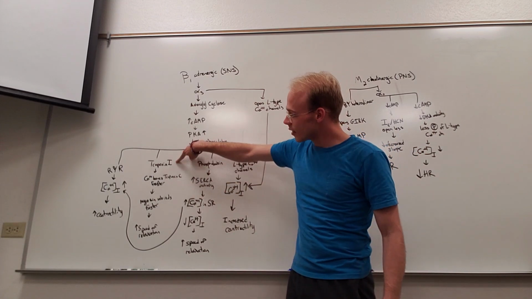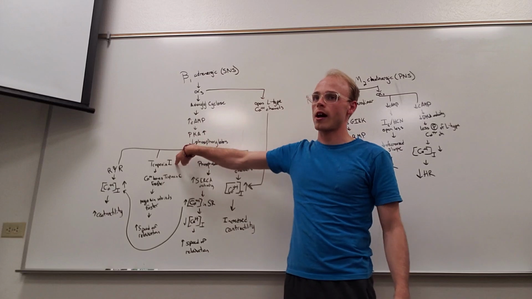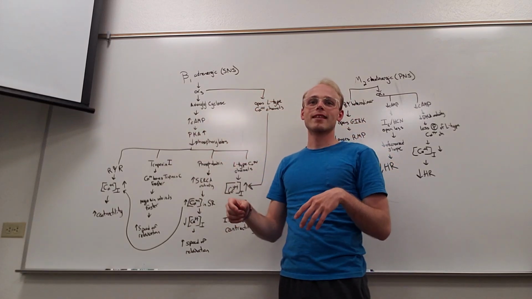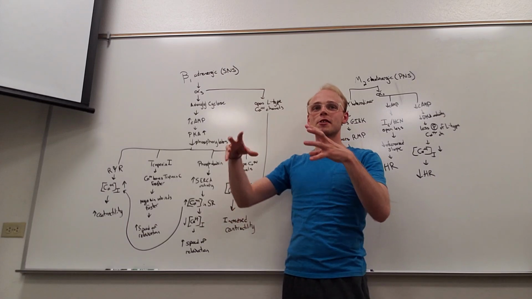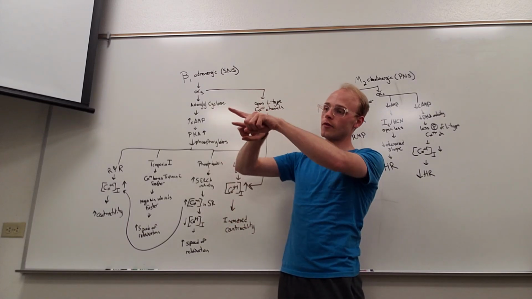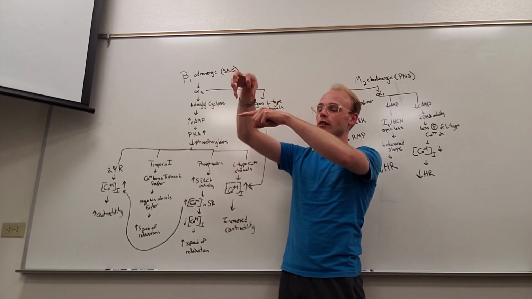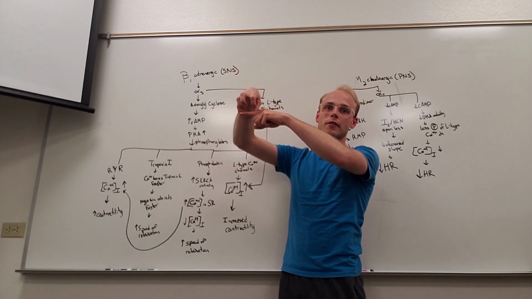Next thing that it does is it will phosphorylate troponin I. So you have the actin filament, then you've got the tropomyosin that sits on top of it, and then you've got the little Mickey Mouse troponin that's on there.